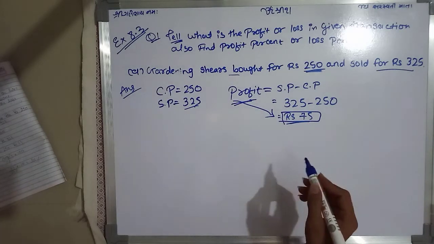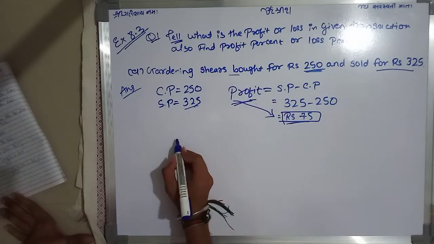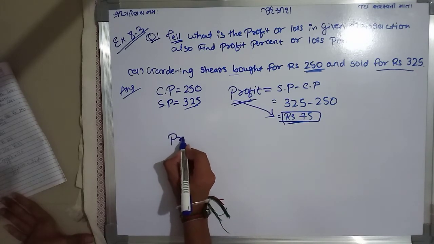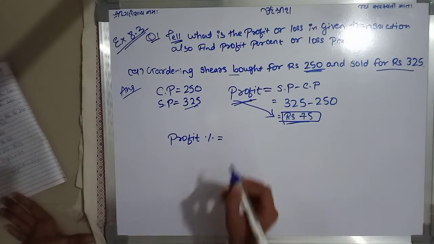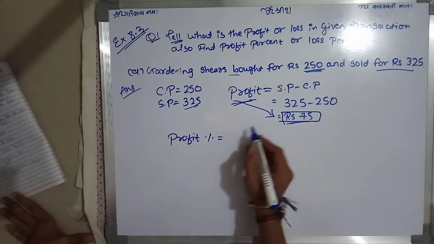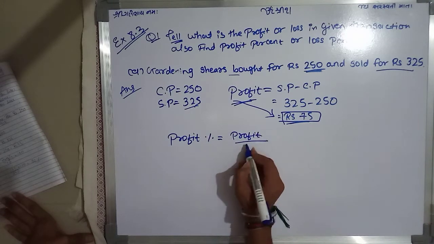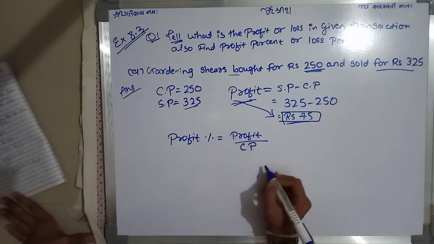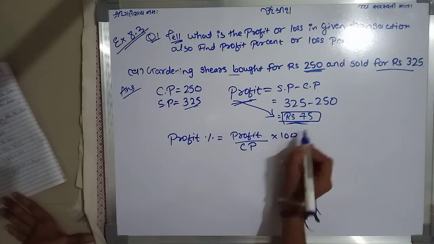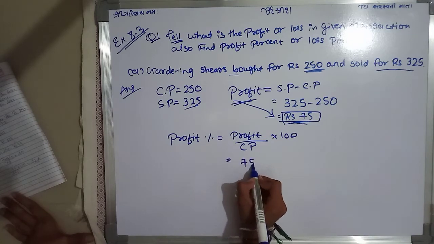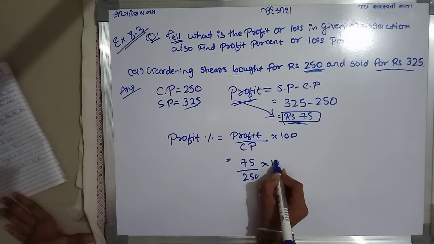Okay, so next we will find profit percentage. What is the percentage of profit we make? What is the formula of profit percentage? Profit we make divided by CP, into 100. So what is the profit? Profit is rupees 75. What is CP? 250, multiplied by 100.